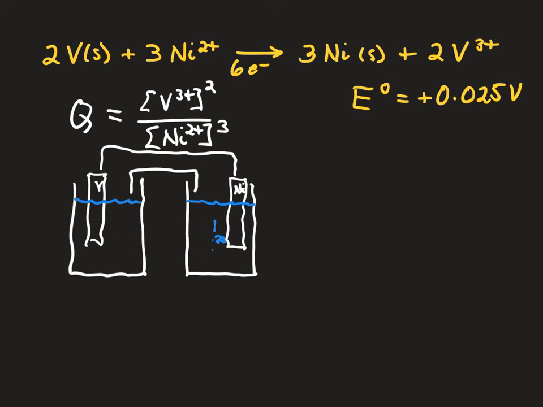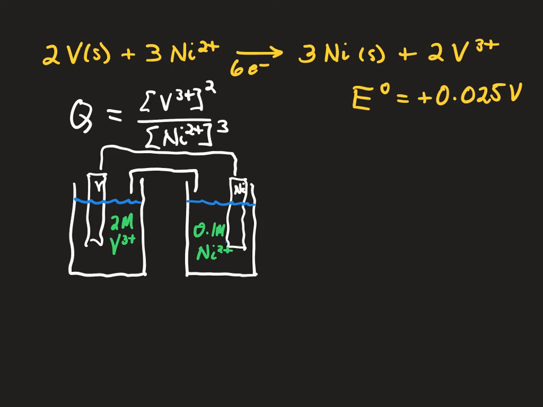But let's say instead of having that, let's put in 2 molar vanadium ions and 0.1 molar nickel ions. How does that change our potential?